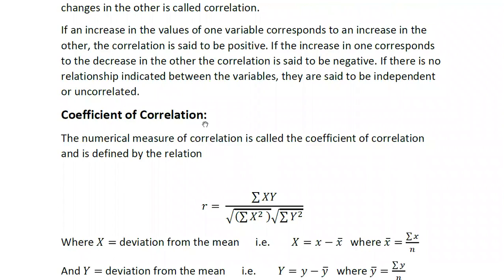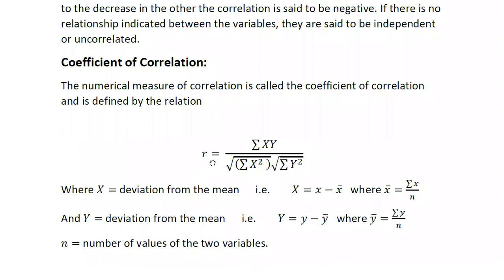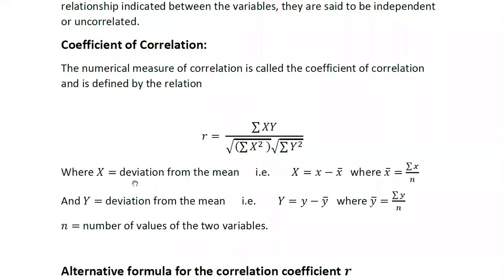The coefficient of correlation for the given data can be calculated by using the formula R equal to summation of capital XY divided by square root of summation X square into square root of summation Y square, where capital X is equal to deviation from the mean.